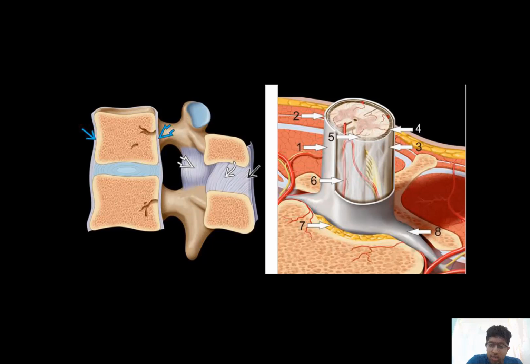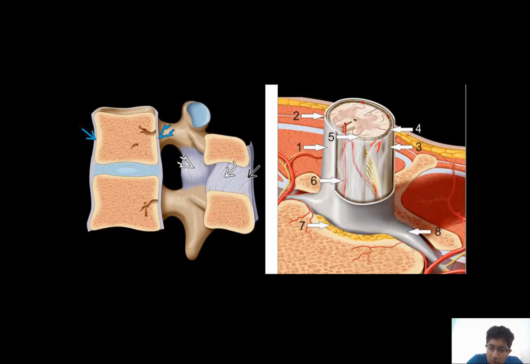So these are the structures which are holding the vertebral bodies together, and each vertebral body contains a spinal cord, and this spinal cord is surrounded by a pial membrane, a membrane which is inherently attached to the spinal cord. And after the pial membrane there is a space which is filled with CSF, called the subarachnoid space, and after that the membrane is called the arachnoid membrane.